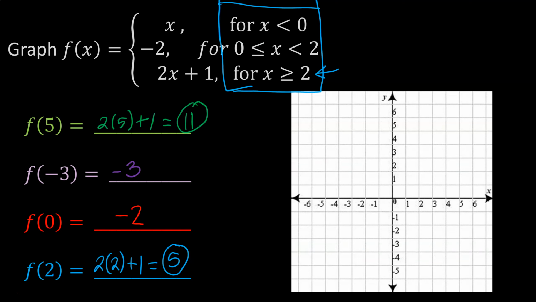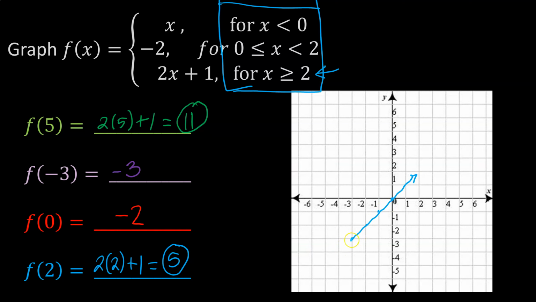Now let's actually graph this. Okay, so there are 3 different pieces. The first piece is f of x equal to x when x is 0 or less. If we were to graph f of x equal to x, that is a diagonal line crossing here. And that would look like this.